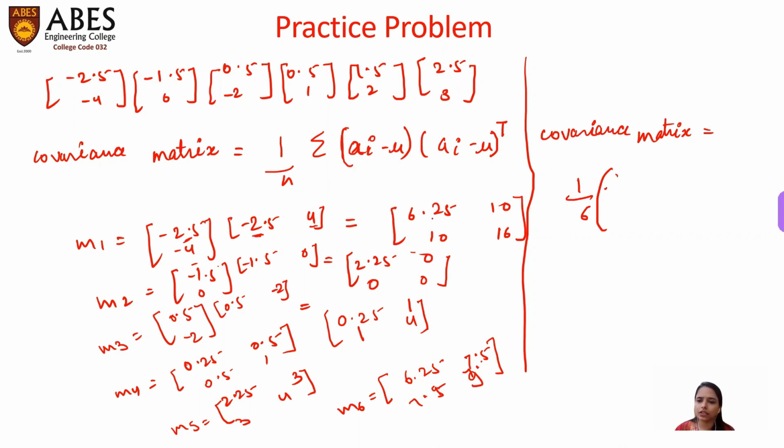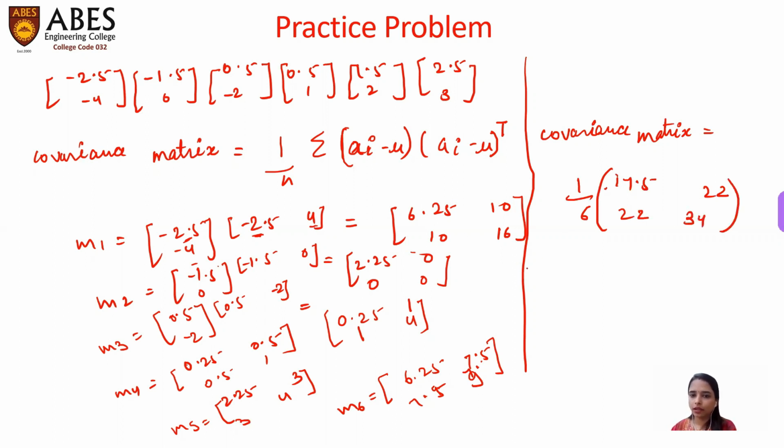In addition of matrices, we add the a1 of all matrices, then the a2 of all matrices, then the b1 of all matrices, and the b2 of all matrices. So 6.25 plus 2.25 plus 2.25 plus 0.25 plus 2.25 and 6.25. Like this, we add all these values and we got 17.5, 22, 22 and 34.